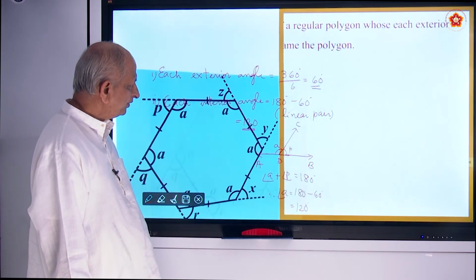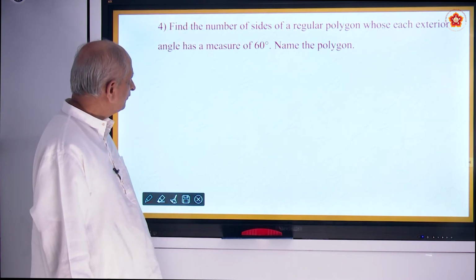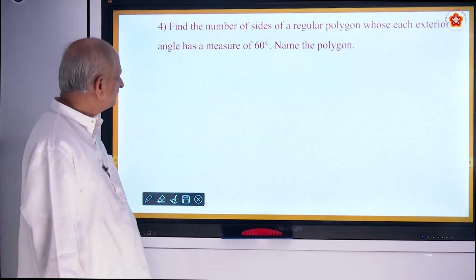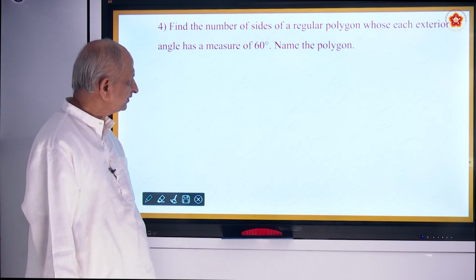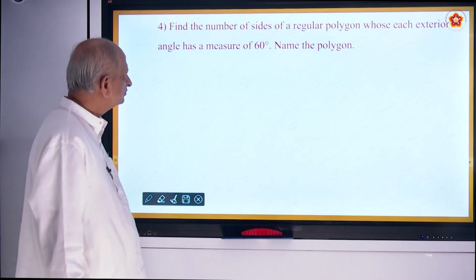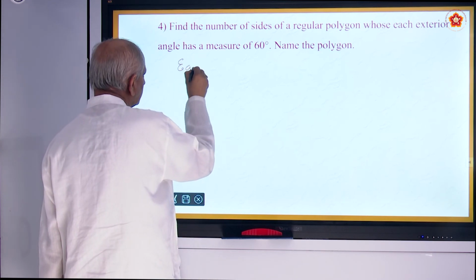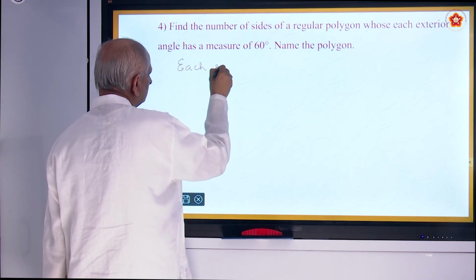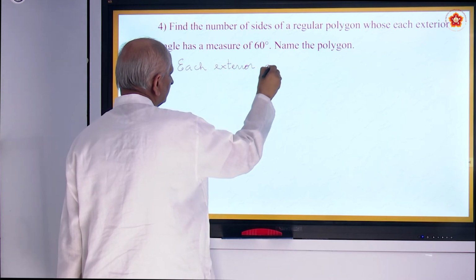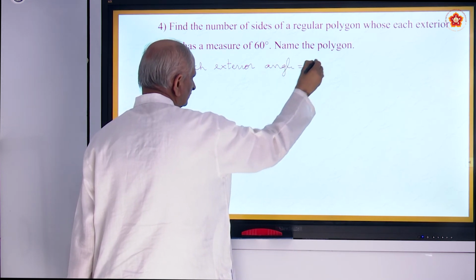Okay, one more problem we will see. Find the number of sides of a regular polygon whose each exterior angle measures 60 degrees. Name the polygon. So each exterior angle is equal to 60 degrees.